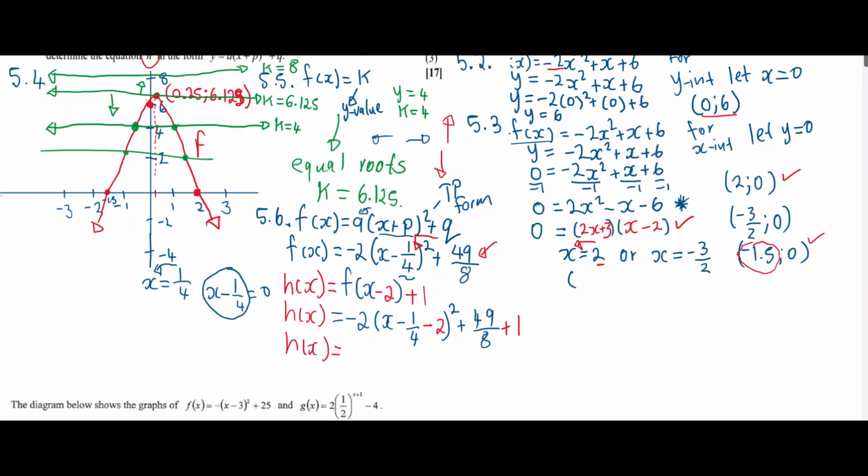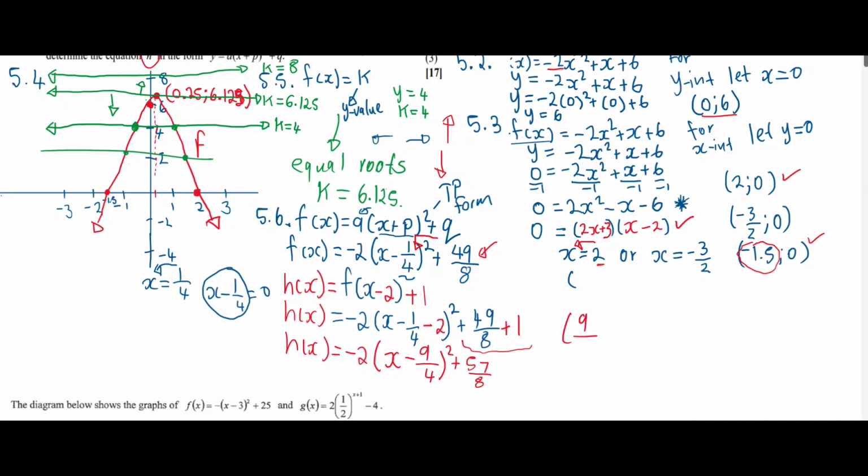So the new equation of h of x is going to be minus 2 with the x value here. Then you simplify that, and it gives you minus 9 over 4 squared, and the part outside gives you plus 57 over 8.